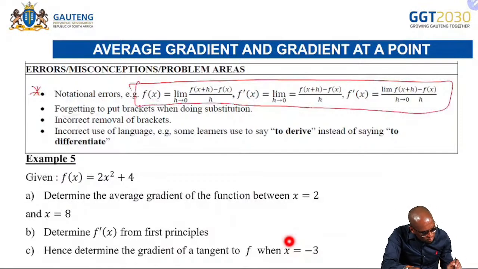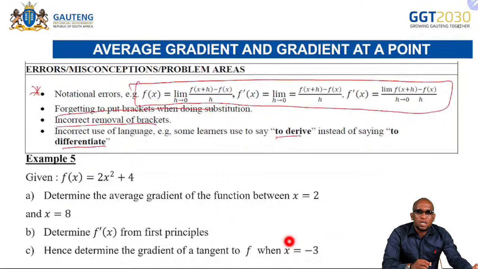And then sometimes you forget to put brackets when you do substitution. Sometimes you forget to remove the brackets correctly. Sometimes it's the language. We say we differentiate here. We are not deriving, we are differentiating. Right, let's look at this example here. Given f of x is 2x squared plus 4, determine the average gradient.